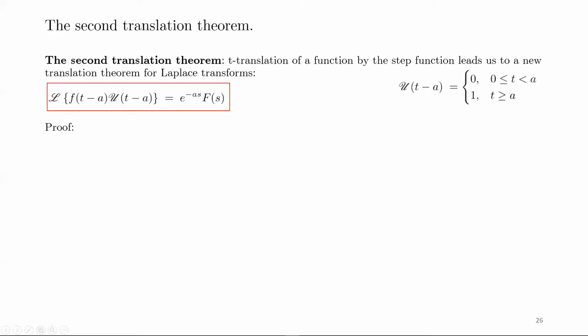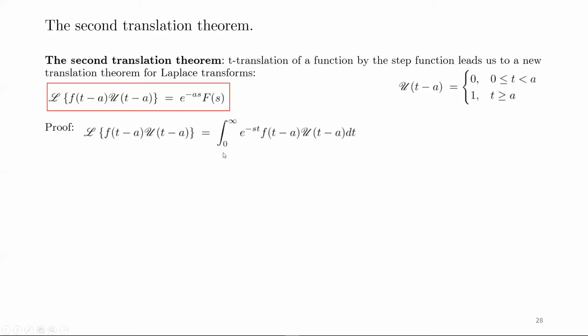Well, the proof of this is not too hard. I'll show you how to practically use this shortly, but first, let's look at the proof. I can solve this Laplace transform by definition. You can either use the limit as n goes to infinity case, or in this case, I'm just going to use the improper integral way of writing this.